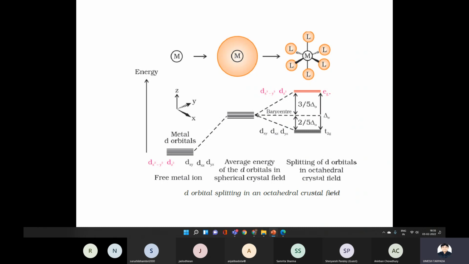One set is Eg, having 2 orbitals, whose energy increases by 3/5 of octahedral splitting, that is by 6 Dq. And the second one is the t2g set of orbitals, whose energy decreases by 4 Dq. So this increases by 6 Dq.